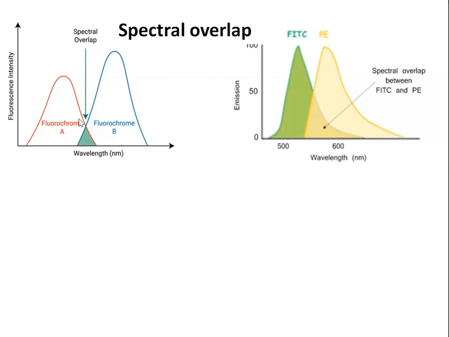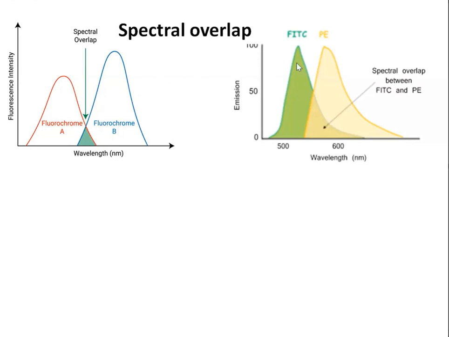If you look closely, a part of these two overlap. The spectra of fluorochrome A and fluorochrome B overlap in one particular area. This overlap of emission spectrum between two fluorochromes is called spectral overlap.